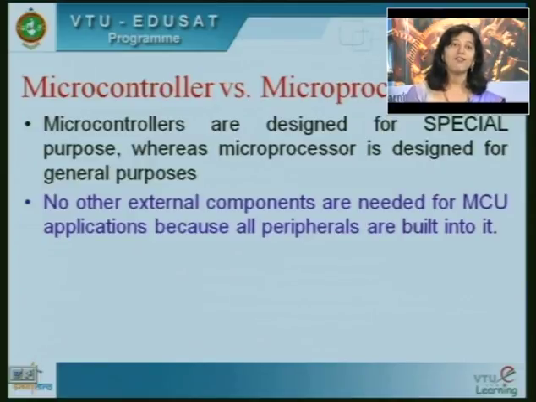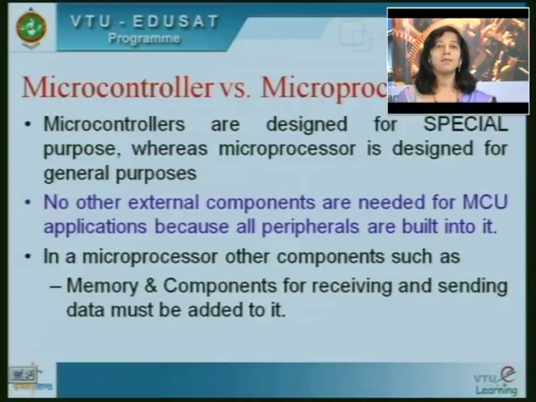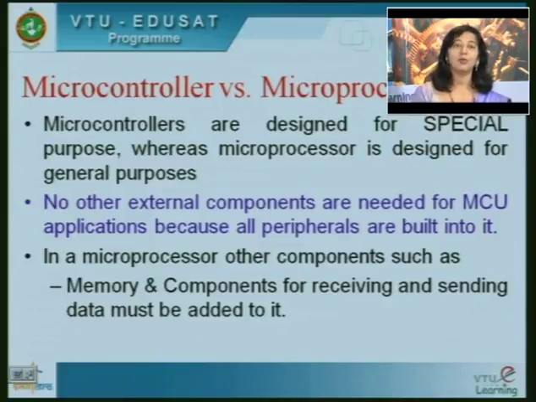All peripherals plus the CPU will lie on one single chip in a microcontroller, whereas in a microprocessor, memory and other peripheral components like the UART to send and receive would be outside the CPU or outside the chip, and should be interfaced or added to the chip separately.